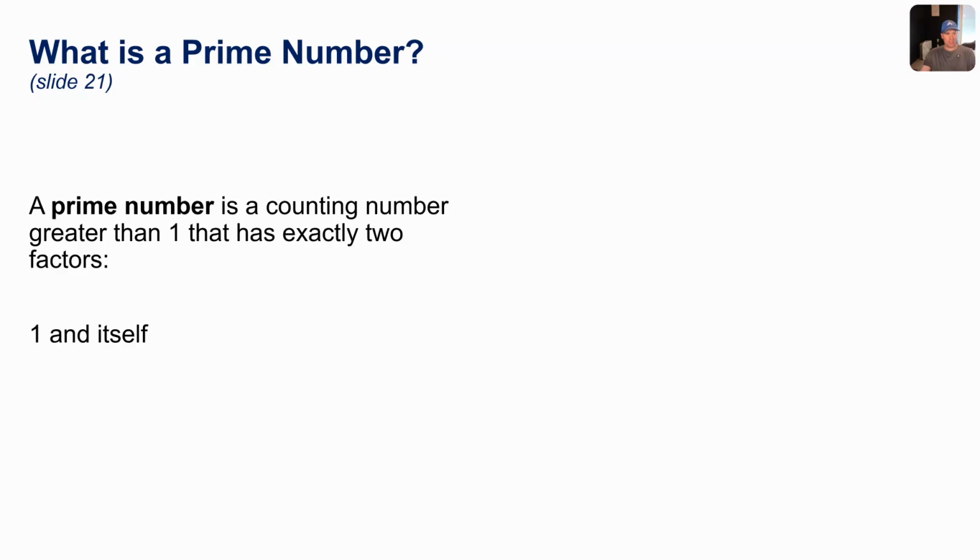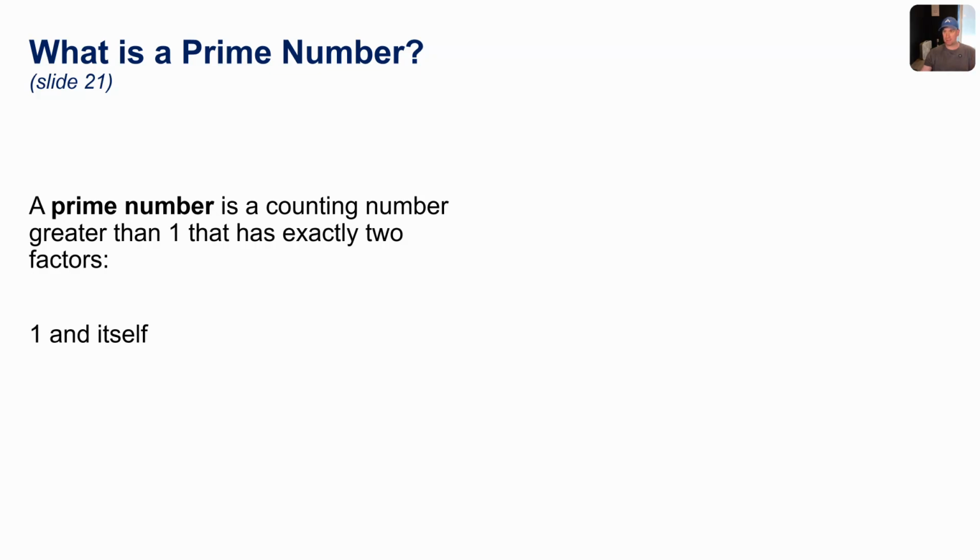The final objective that we have for today's presentation is to identify the difference between prime numbers and composite numbers. So let's first answer the question, what is a prime number? A prime number is a counting number greater than 1 that has exactly 2 factors, 1 and itself.